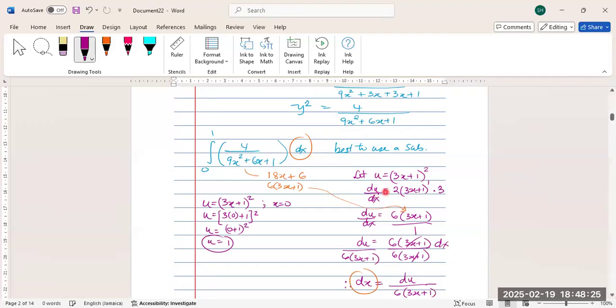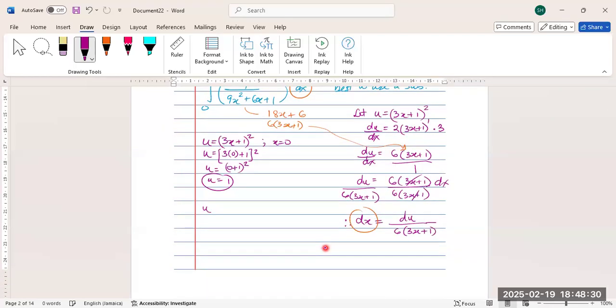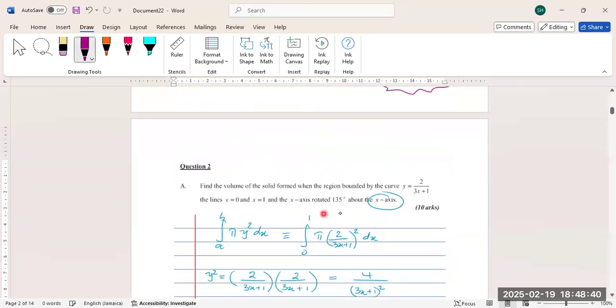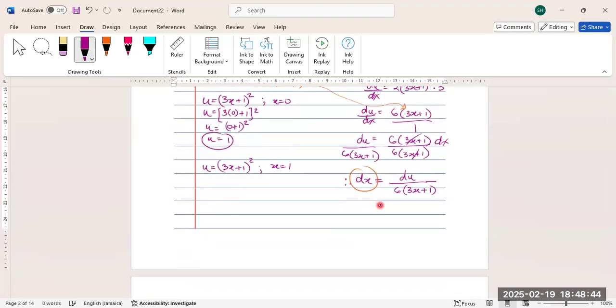Watch this, similarly. u equals 3x plus 1 all squared for x equals 1. So u now is going to be equal to 3 times 1 plus 1 all squared. What is 3 times 1? 3.